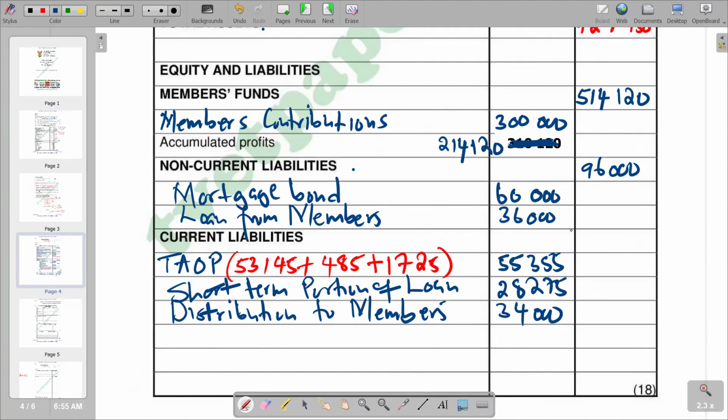So 117,630 is the total for current liabilities, which is supposed to come here. So remember, we are supposed to add three figures to get our total equity and liabilities, which is supposed to come in.